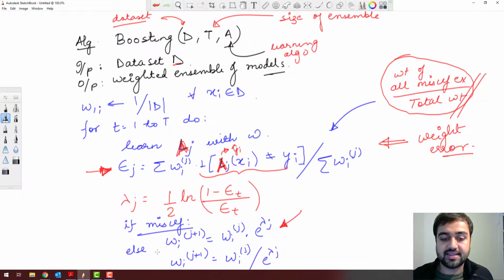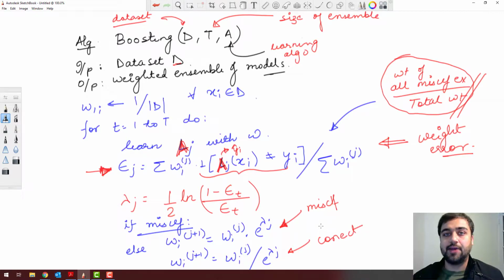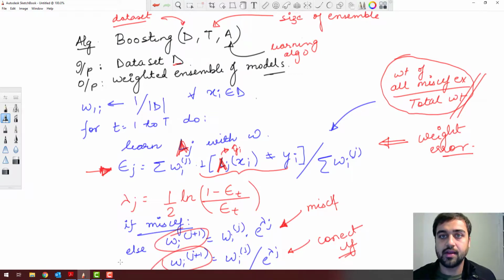But if it's correctly classified, as we learned, every misclassified sample has to have its weight increased, and every correctly classified sample has to have its weight decreased. So we divide by e to the power lambda j to get a reduced weight for the next iteration or the next model, right? So this is how you proceed with the boosting algorithm.